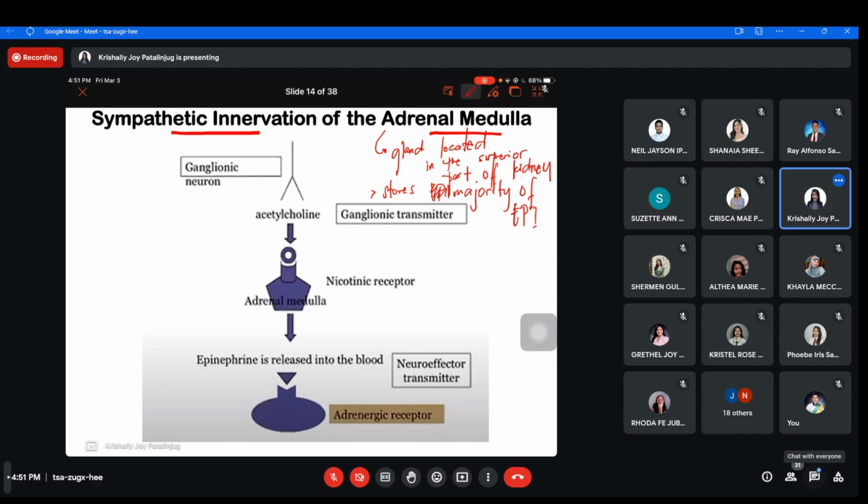Okay. Now for this slide, you will be able to understand how adrenal medulla regulates the release of epinephrine. Paano niya kinokontrol, nire-regulate yung release ng epinephrine in the body, knowing na siya yung organ, siya yung gland na nagsustor majority of it.